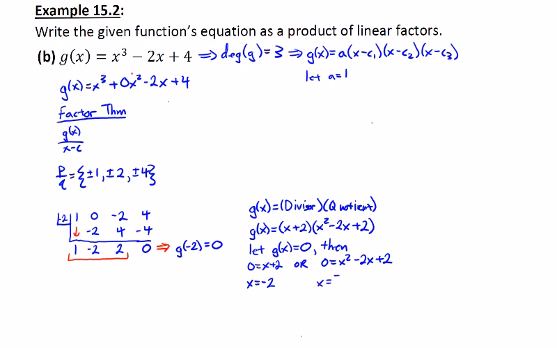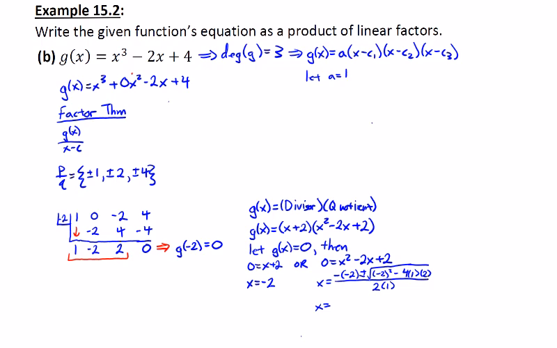X equals negative of b plus or minus the square root of b squared minus 4 times a times c, and that's all divided by 2 times a. So we'd want to simplify best that we can.